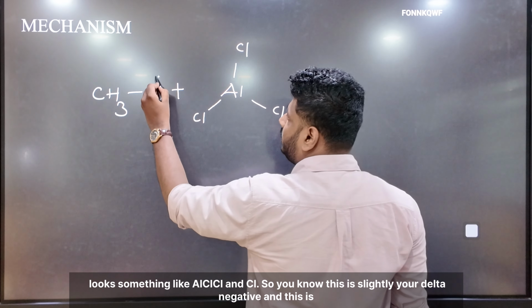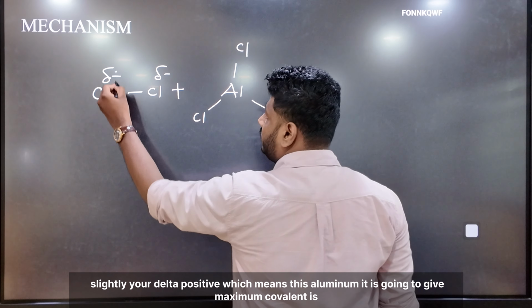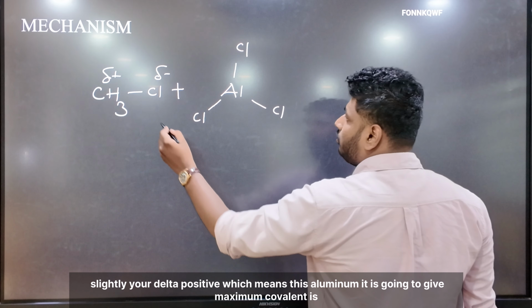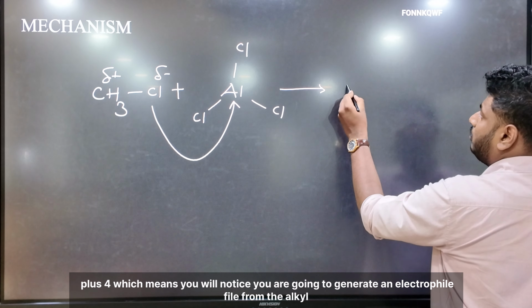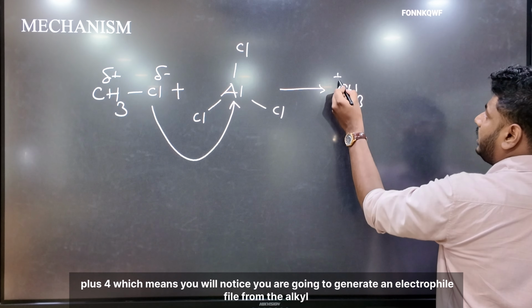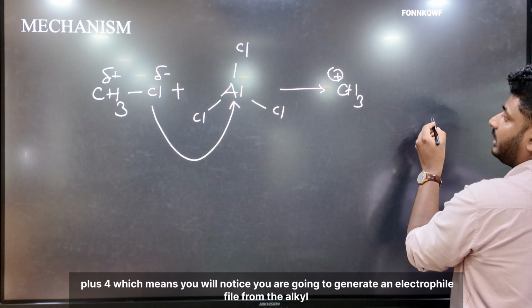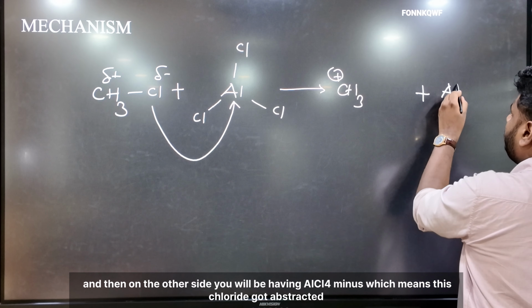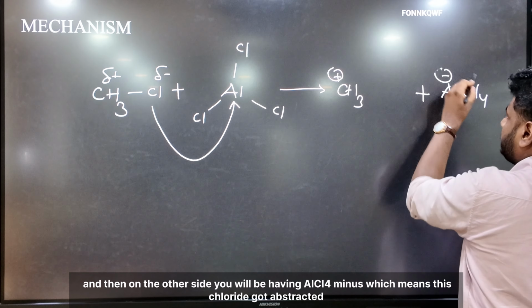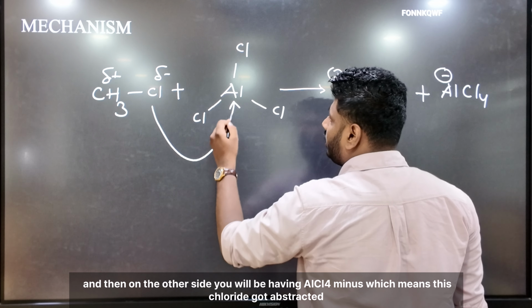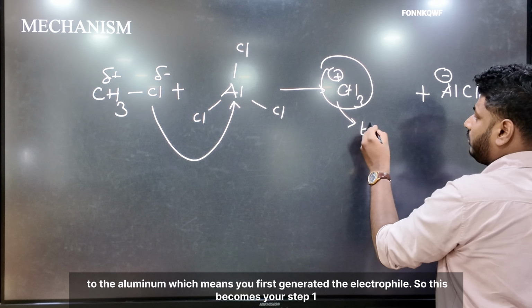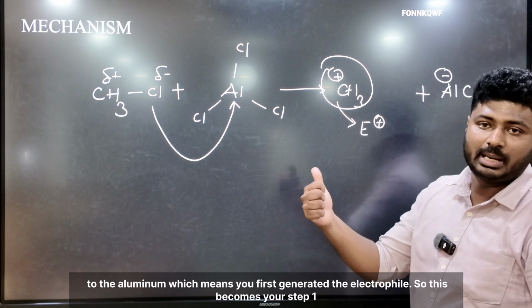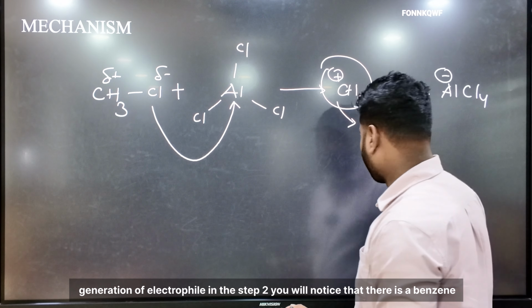This is slightly delta negative and this is slightly delta positive. The aluminum's maximum covalence is +4, so you're going to generate an electrophile from the alkyl, and on the other side you will have AlCl4 minus, which means the chlorine got abstracted by the aluminum. So you first generated the electrophile. This becomes step 1, generation of the electrophile.